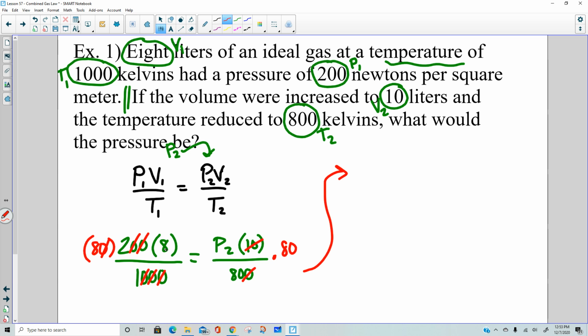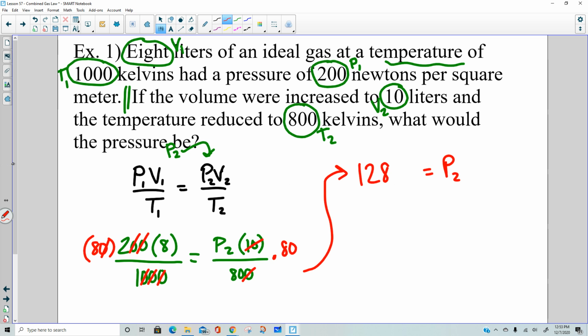So 8 times 2 times 8, 64 times 2, is that 120? 126? 120, 128. So 128 equals P2. We'll leave a little bit of space because we need to go back and stick in our units.